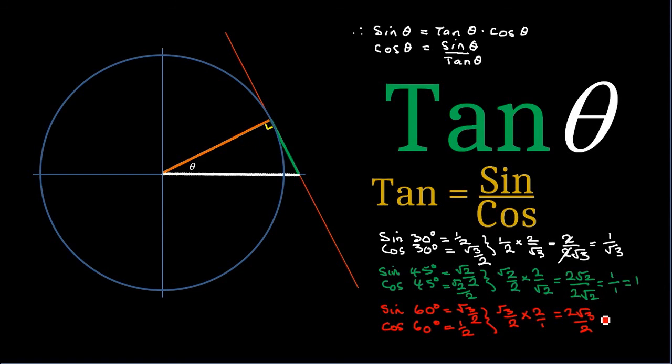The 2's cancel, so divide top and bottom by 2 gives us root 3 over 1, in other words, just root 3. And 1 over root 3 is the tangent of 30 degrees, 1 is the tangent of 45 degrees, and root 3 is indeed the tangent of 60 degrees.